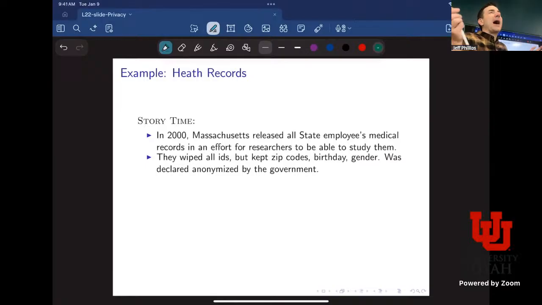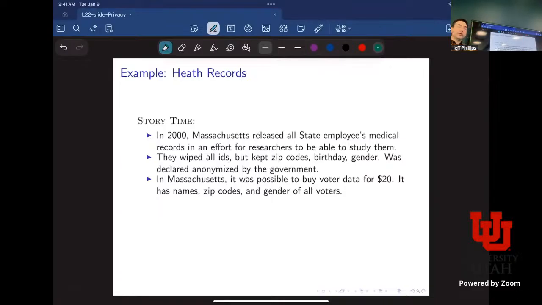Or near power lines, or the cell towers were new, does living under a cell tower affect something, right? So they released something with the zip codes, the birthday, the gender of the individuals, but a lot of the health records of them. But this was declared anonymized and safe. Okay.